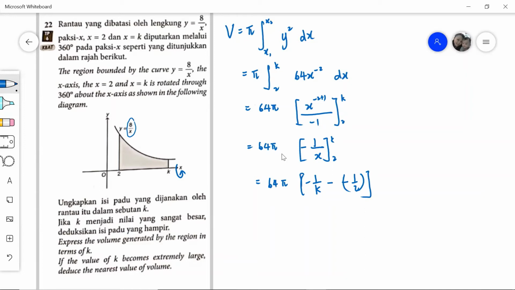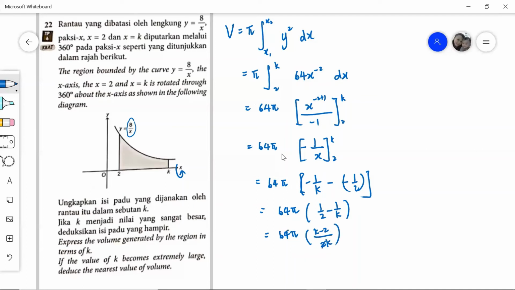Therefore we will have 64 pi, half minus 1 over k. Let's make it a single term, so we will have 2k. 64 pi, and then k minus 2 over 2k.